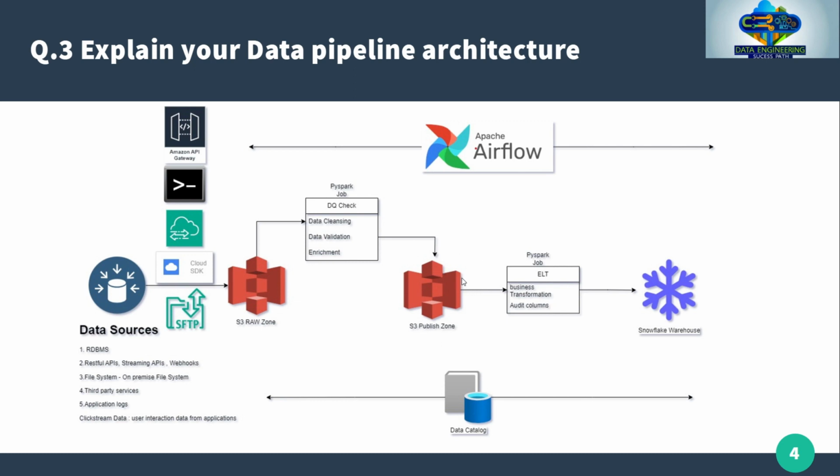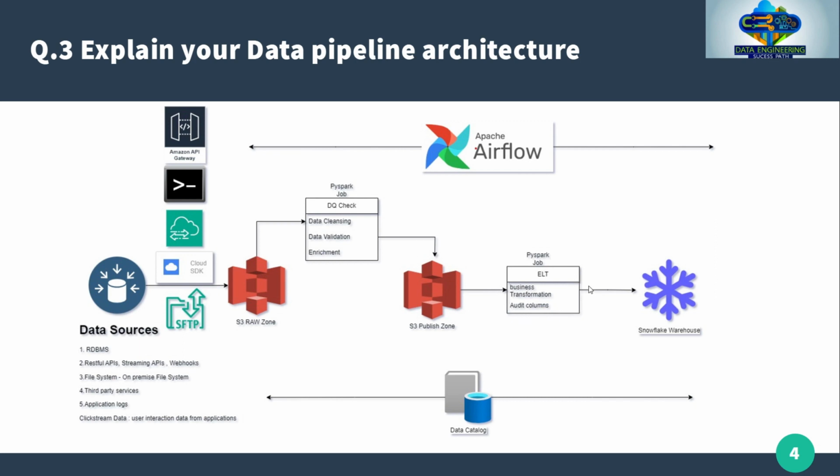This is also an S3 location. We call it a publish zone where clean data will be sitting. So once we have the clean data, the next thing will be the ELT job we have to run, where we will be applying all the business transformation, adding audit columns.